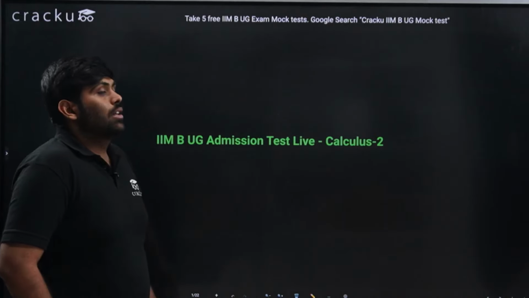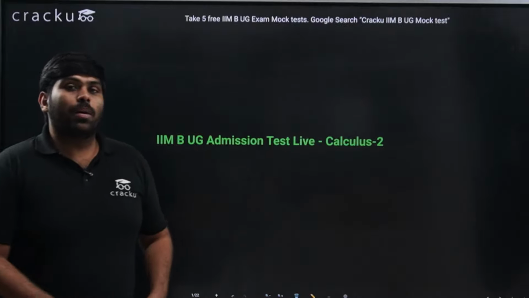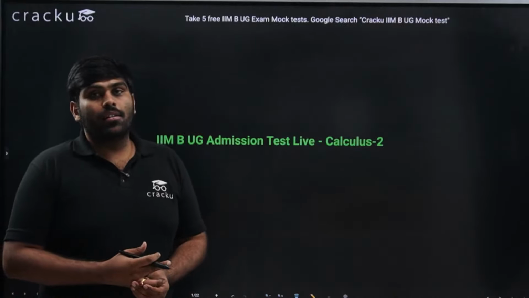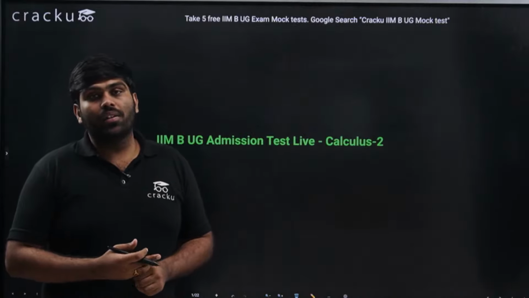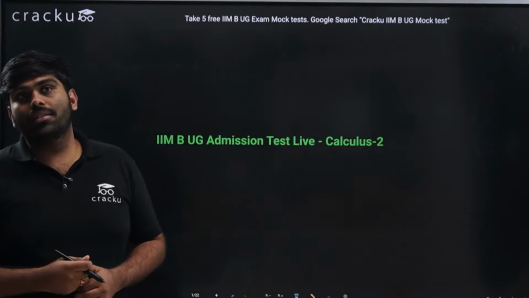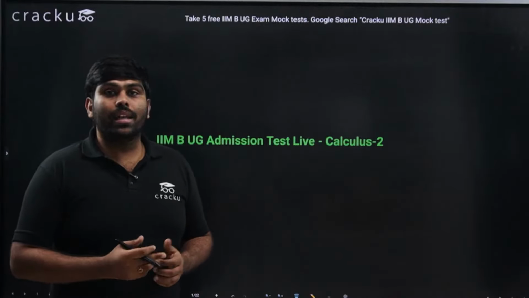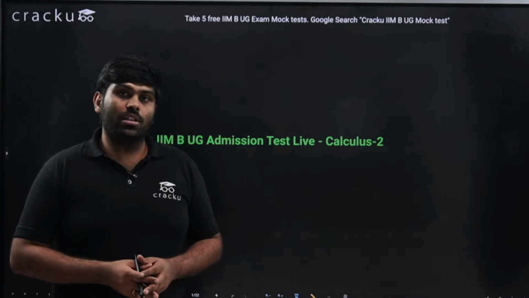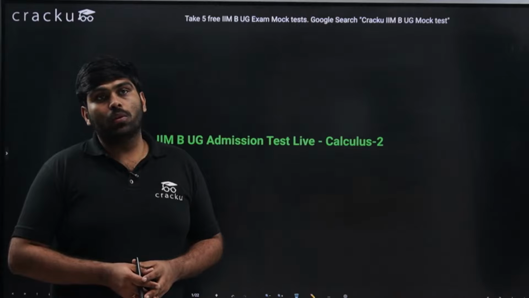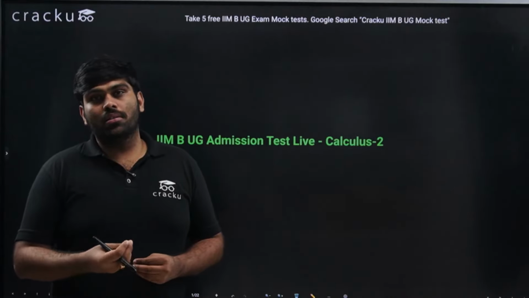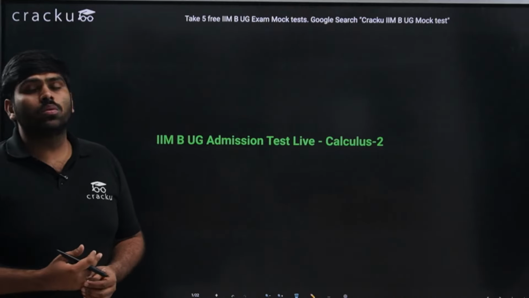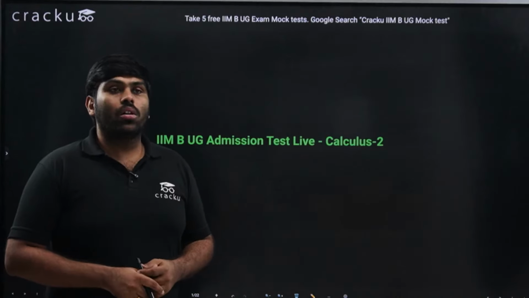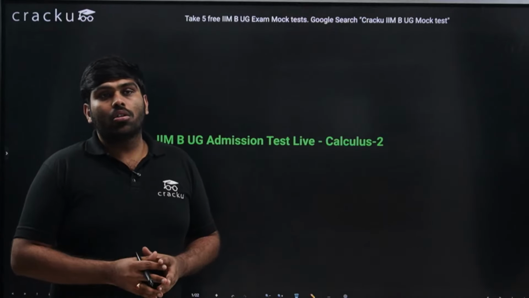Today we'll be dealing with calculus part 2. Yesterday we had a long session on calculus part 1, where we dealt with limits, the definition of limit, how to calculate limits, and even how to find the derivative, that is f dash of x, in terms of limits. Today we will go deeper, into continuity and further ways of finding the differentiation of composite functions.